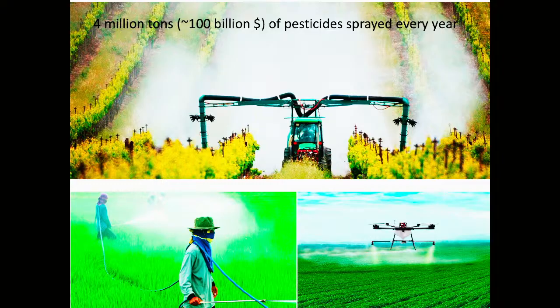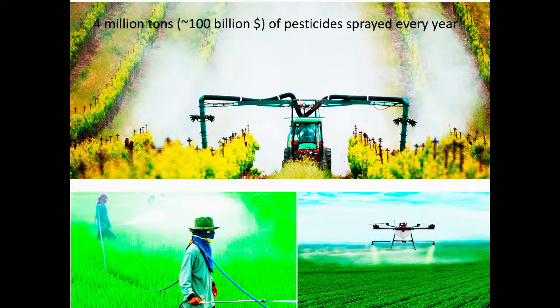However, if you make small droplets, they will not end up where you want them, namely on the plant leaves, because in all these 3 situations, if there's the slightest gust of wind, the small droplets will drift away. This is called spray drift. And they will end up where you don't want them.